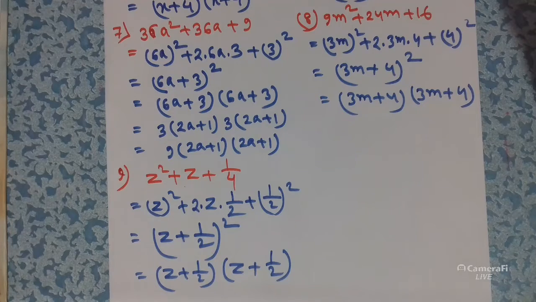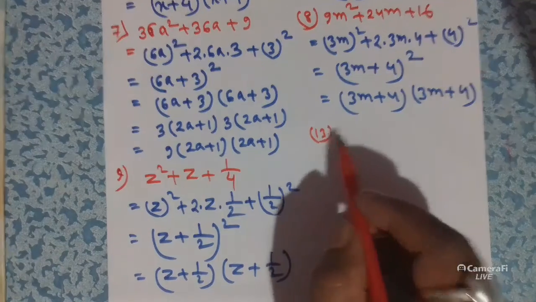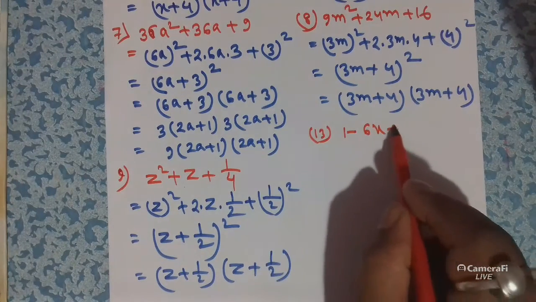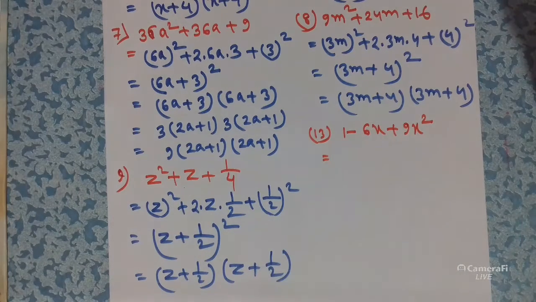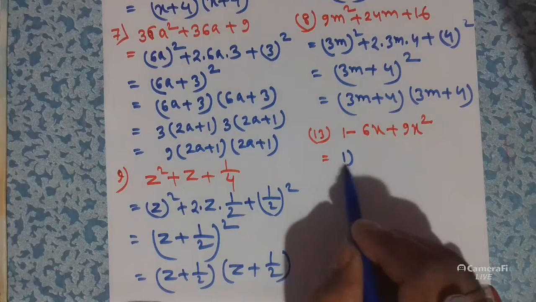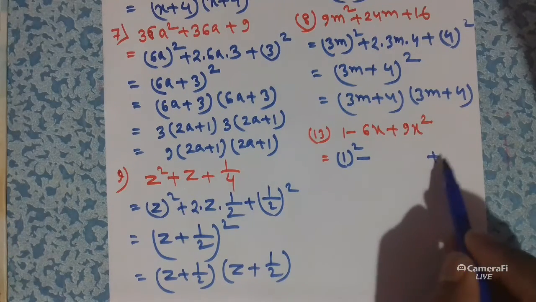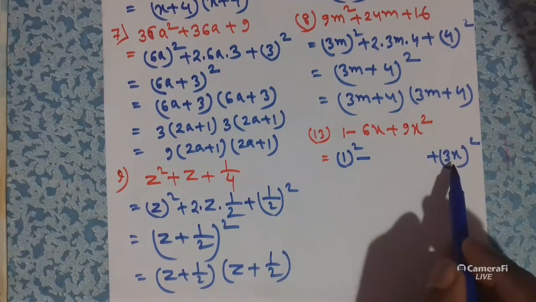Next, problem number 13: 1 minus 6x plus 9x square. As you know, 1 square means 1, minus, and 9x square means 3x whole square. So a means 1 and b means 3x.